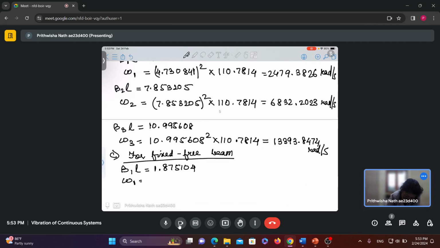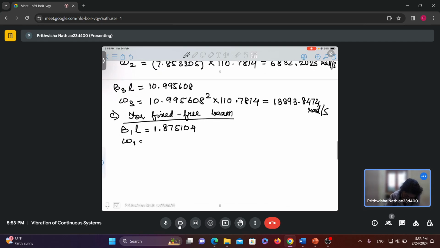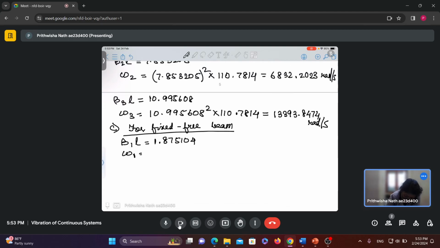Therefore, omega 1 is given as, so this comes out to be 389.5091 radians per second.